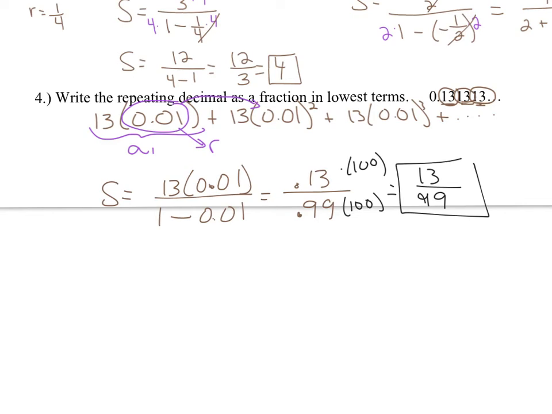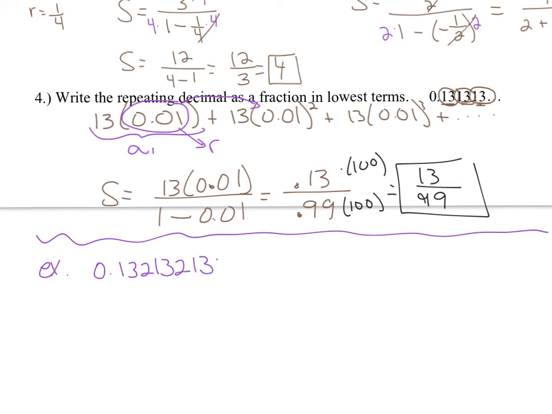Now I'm going to do a quick little example, another example that's pretty similar down below here with a different repeating decimal. So just as another example, suppose we had 0.132, and this continues indefinitely.